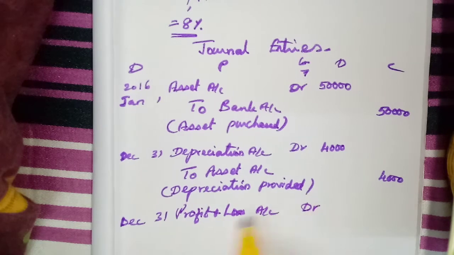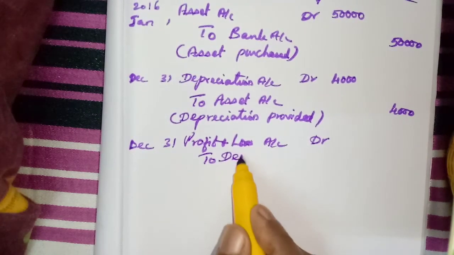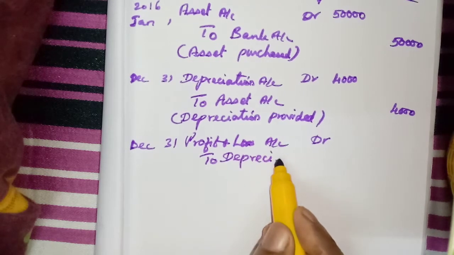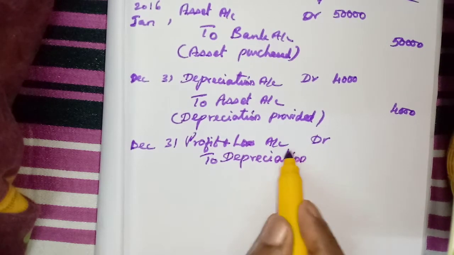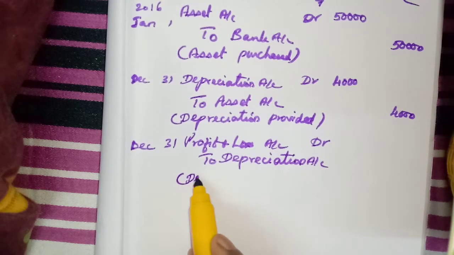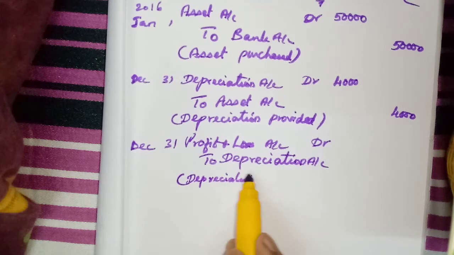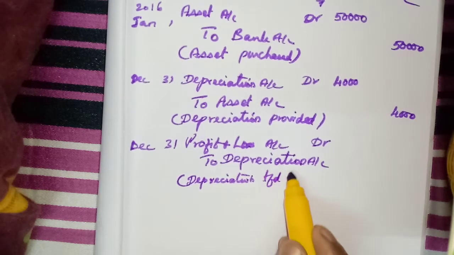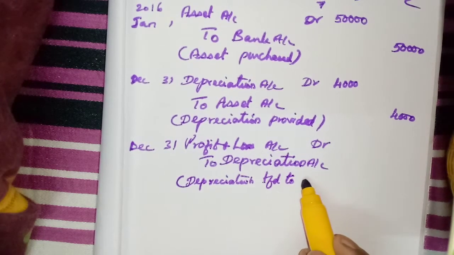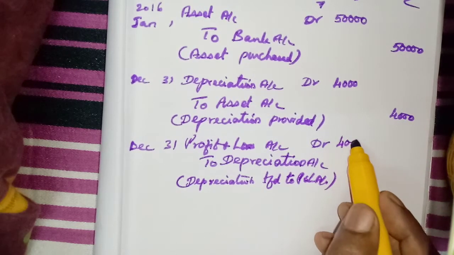Profit and loss account debtor to depreciation account. Depreciation transferred to profit and loss account, the 4,000.